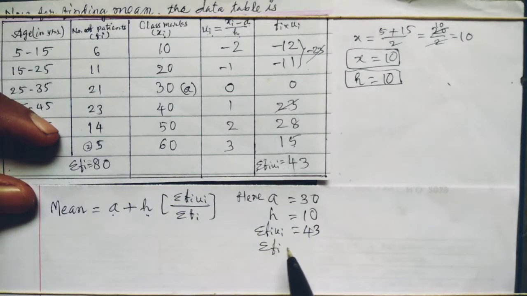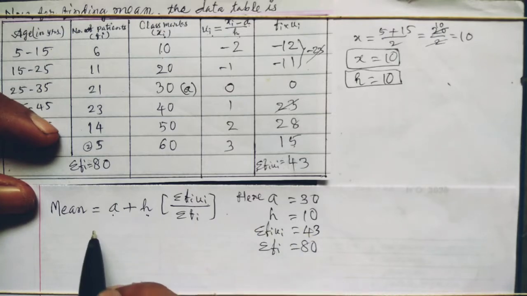So sigma fi is 80. Using these values, we can complete this.